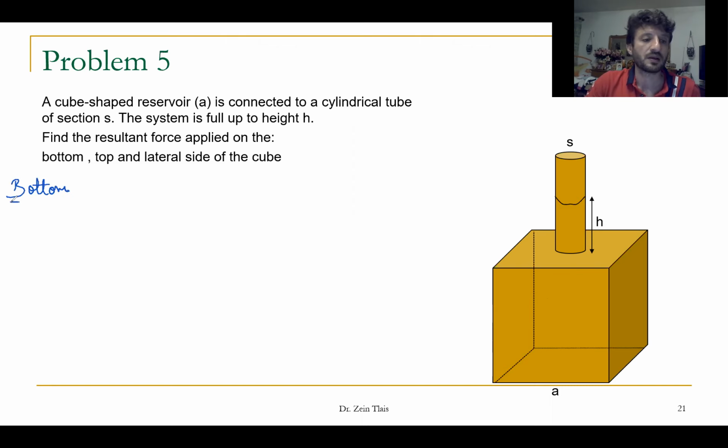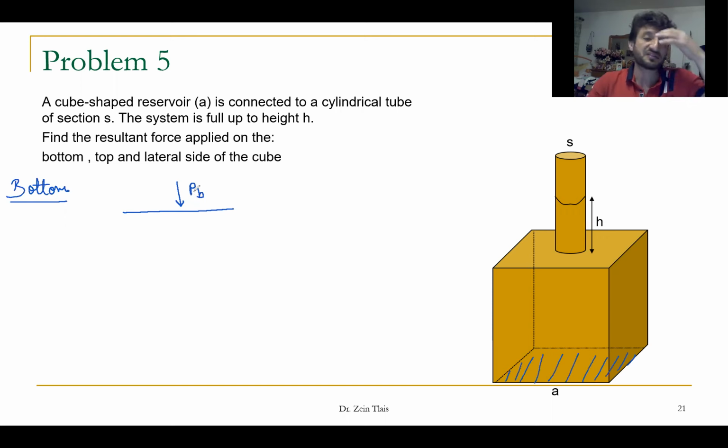Here we have this surface. As we have a horizontal plane, in this case we have a constant pressure at any point on the plane. So if I take, for example, the surface like this, we have P bottom, PB.